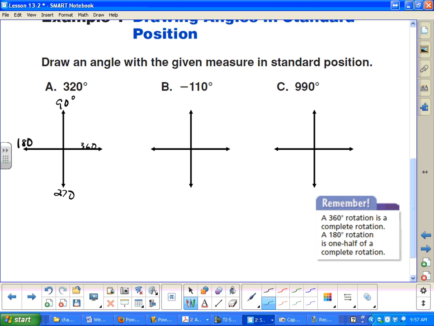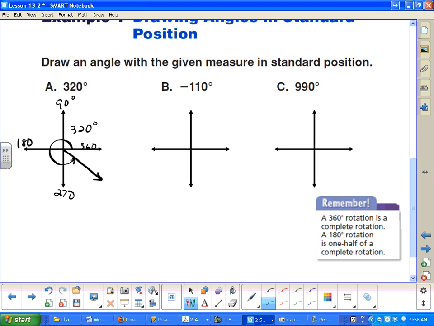To get an angle of 320 degrees, we're going to go between 270 and 360, counterclockwise because it's positive. It's a little bit closer to 360 than 270 degrees, and we would call that a positive 320-degree angle right there.